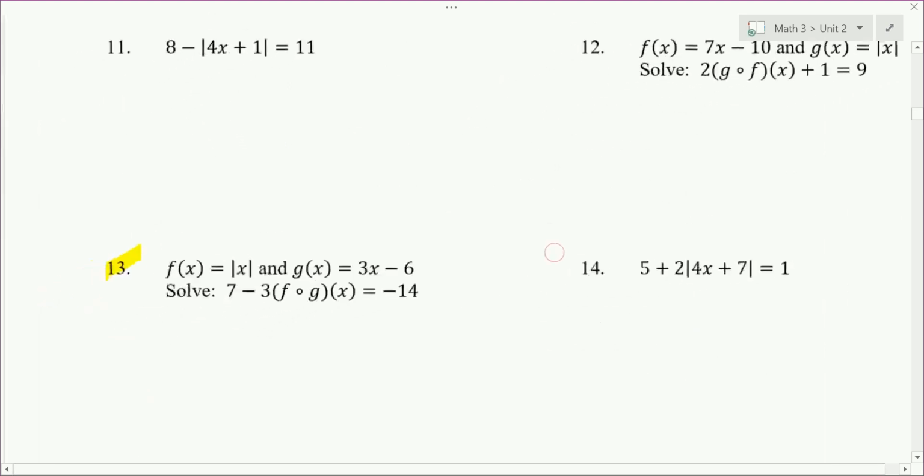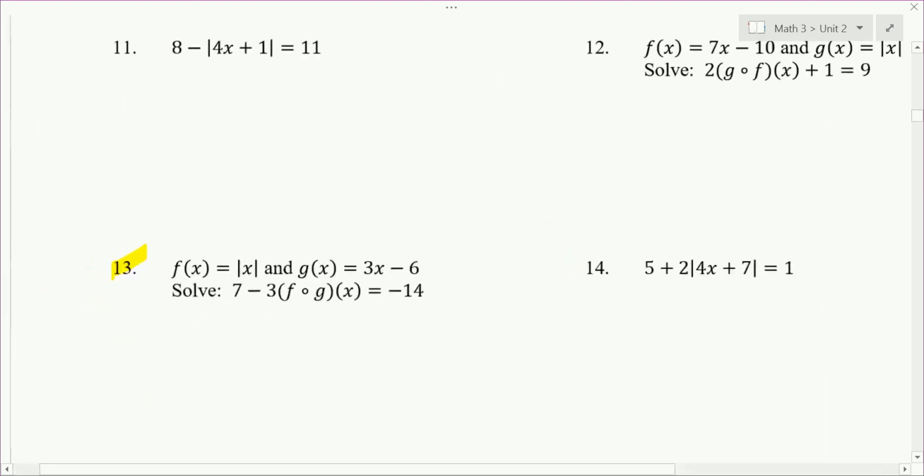Next, let's take a look at 13. 13 has that expression f of g of x, which again can be represented this way, f of g of x. It just means take g of x, plug it in for x in the function f.